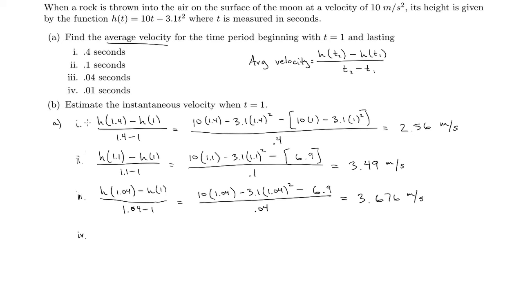And for the fourth one, we have h of 1.01 minus h of 1 over 1.01 minus 1. So that's 10 times 1.01 minus 3.1 times 1.01 squared minus the 6.9 over 0.01.